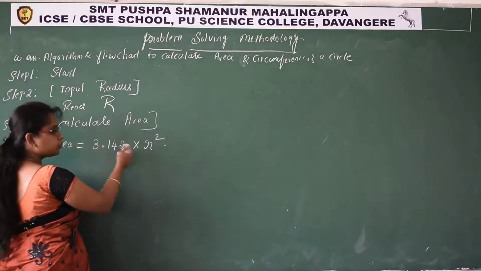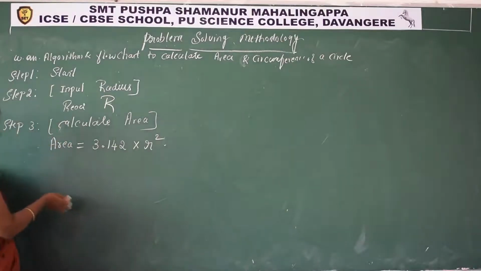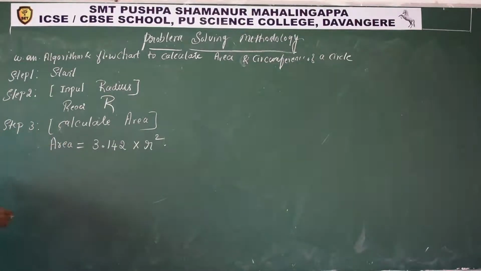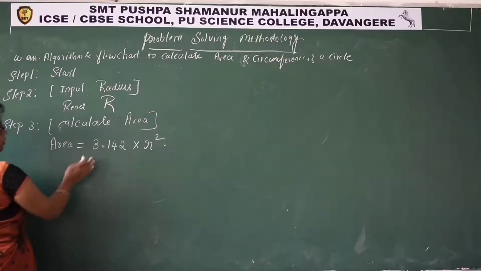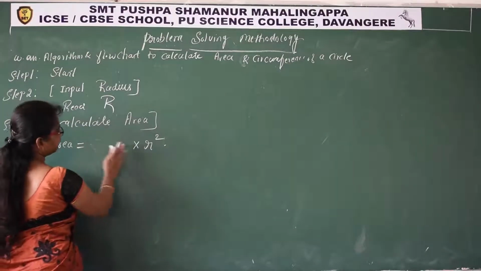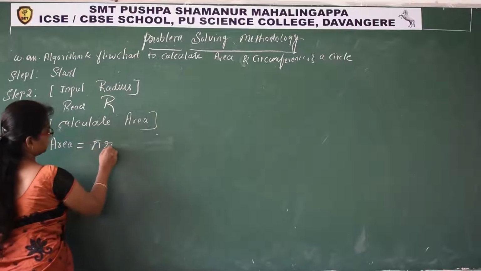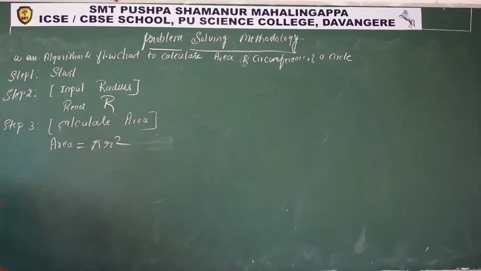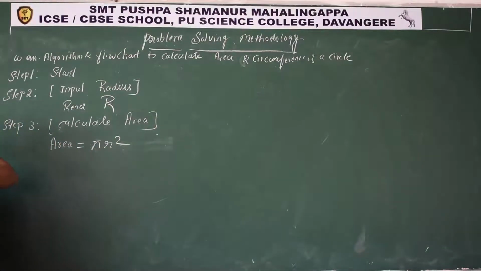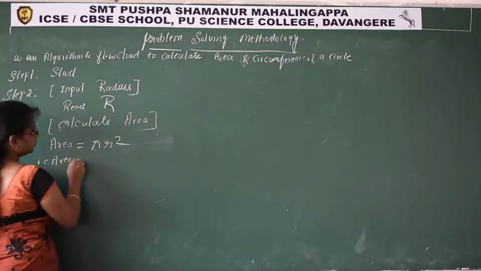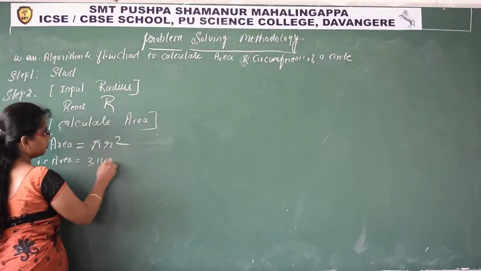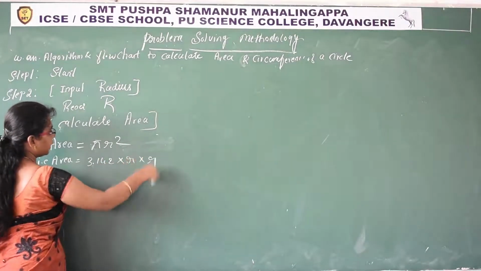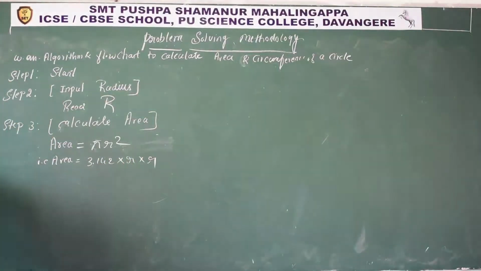Or directly you can write pi r square also, but in a program it is different. You should not write the pi symbol. That is, area is equal to 3.142 into r square. In this way you can write.